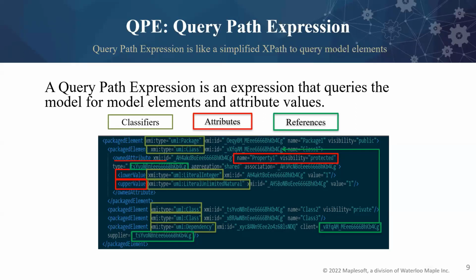And this transformation is actually done by the query path expression. We call this QPE. The query itself is very similar to how you would create queries using XPath to query the models. But the terms that we use in the query language are based on the Capella metamodel itself.